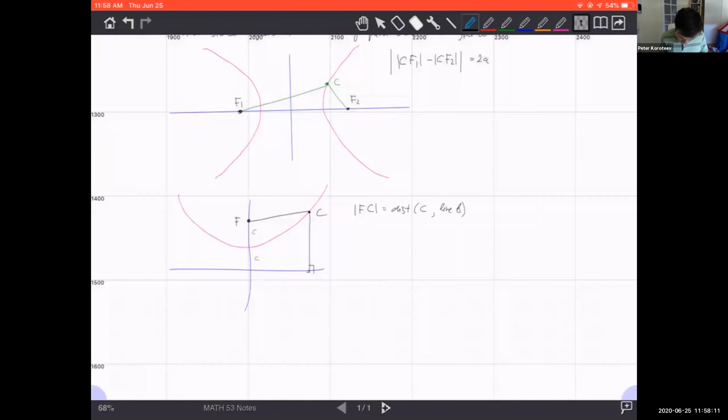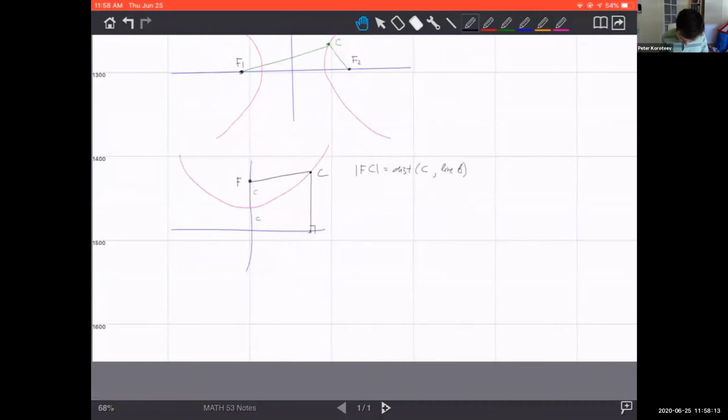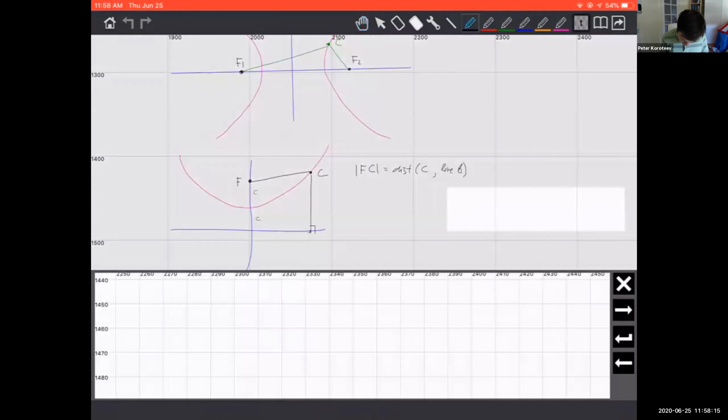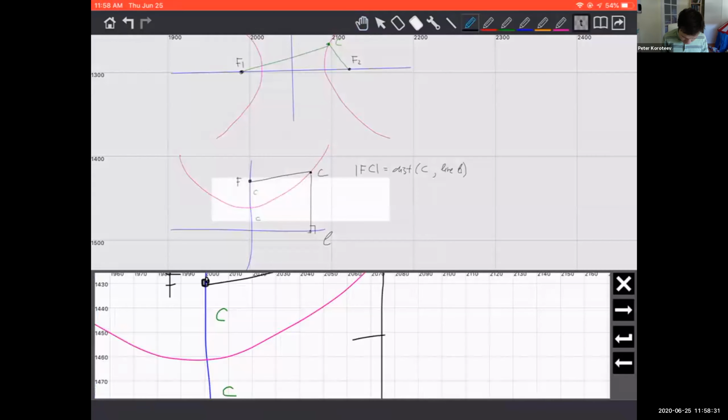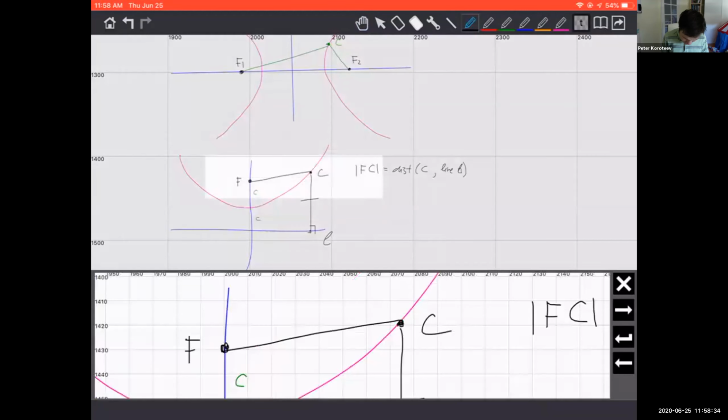You can arbitrarily put a line. The way to draw it, you start off with any line on the plane, pick a point F, which is a focus, not on the line, and then you require that these two distances are the same. This way you'll get the parabola.